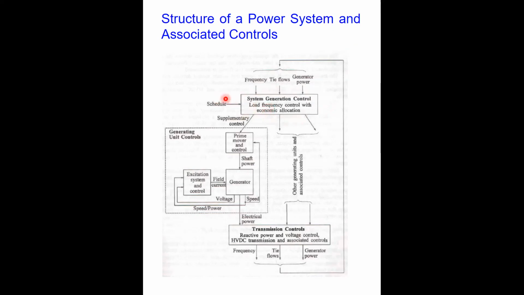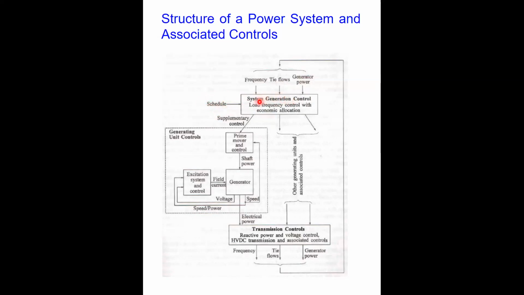So here, at the system operator level, you have all the information about the frequency, power flow in each of the lines, and then what is the power generated in each of the power plants. So they get all this information, and then they decide. So here there is a decision making policy, you can say, which is given as an input.